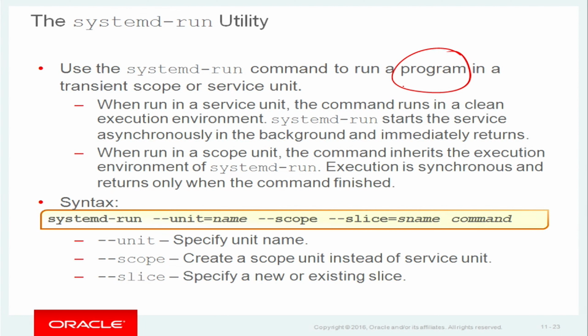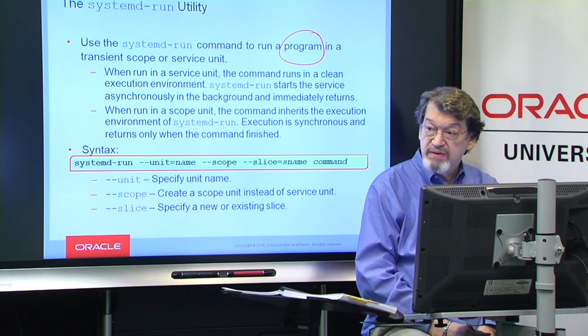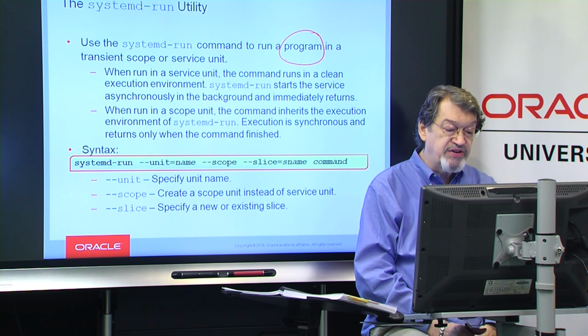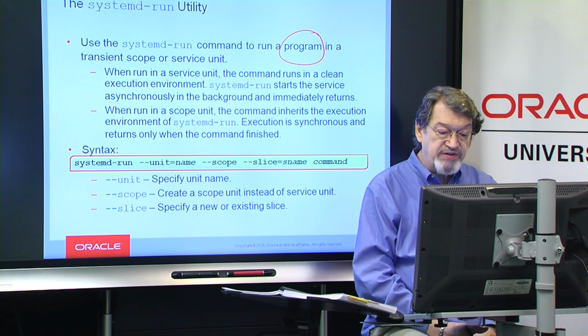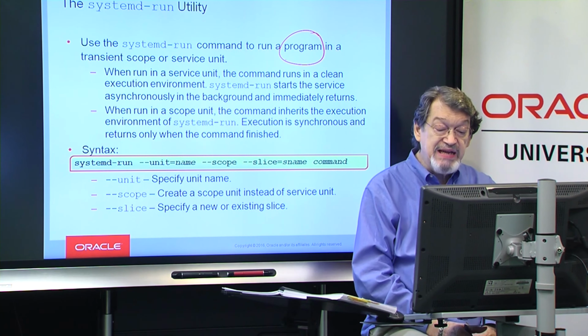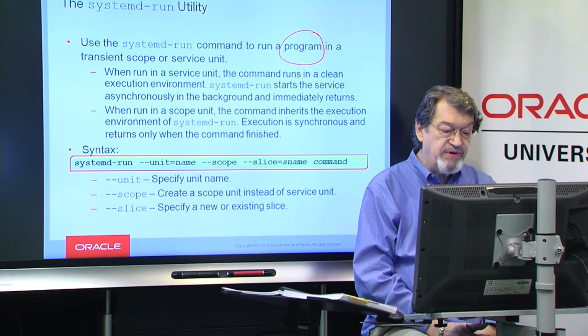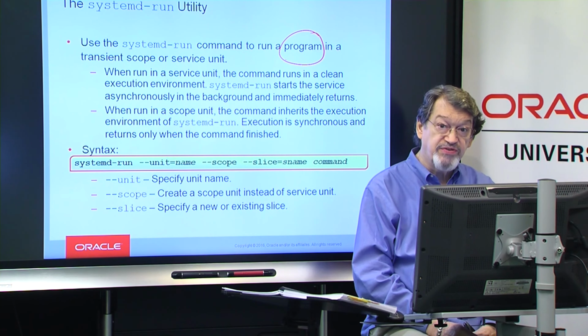Systemd-run starts the service asynchronously in the background and immediately returns. When run in a scope unit, the command inherits the execution environment from systemd-run. Execution is not asynchronous, but is synchronous, and returns only when the command finishes.